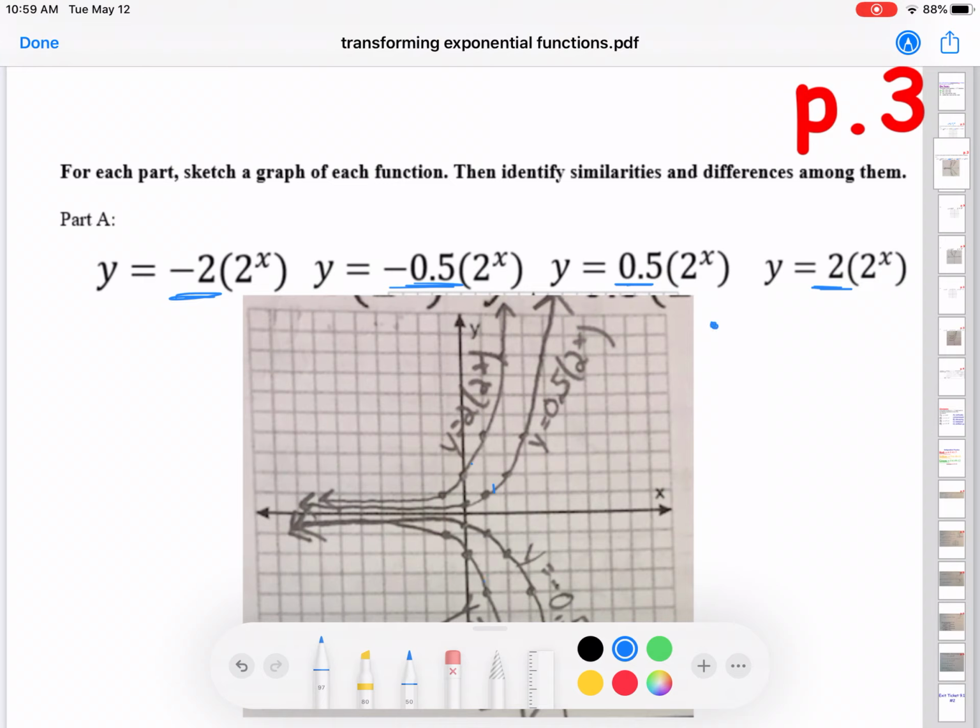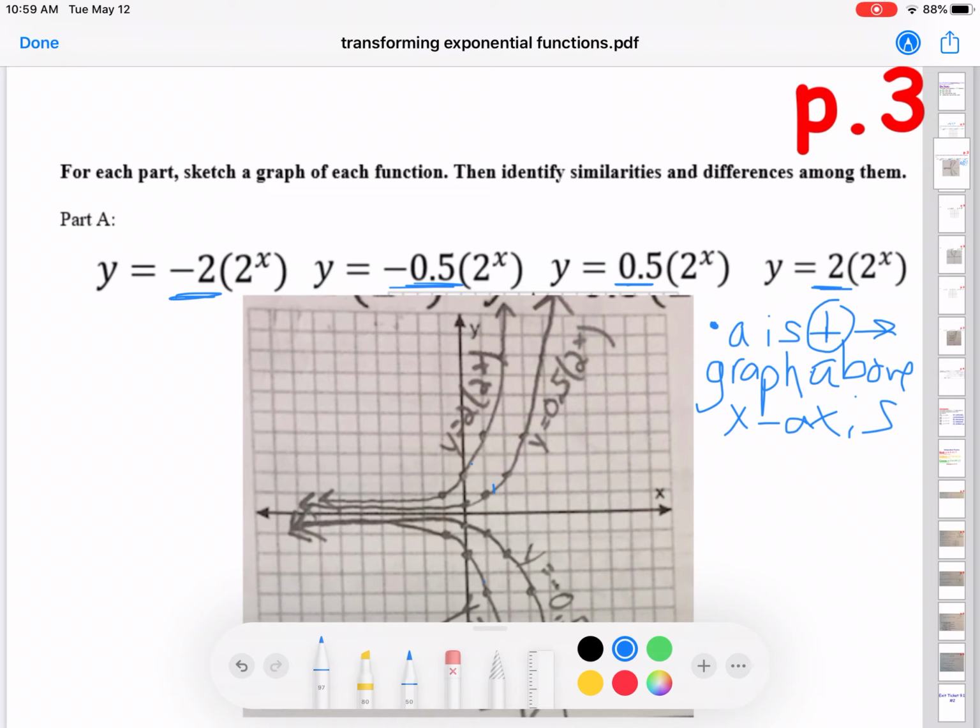So something that I can summarize is that if a is a positive number, that means that our graph is above the x-axis. Again, those are those 2 graphs that we see up on the top here.